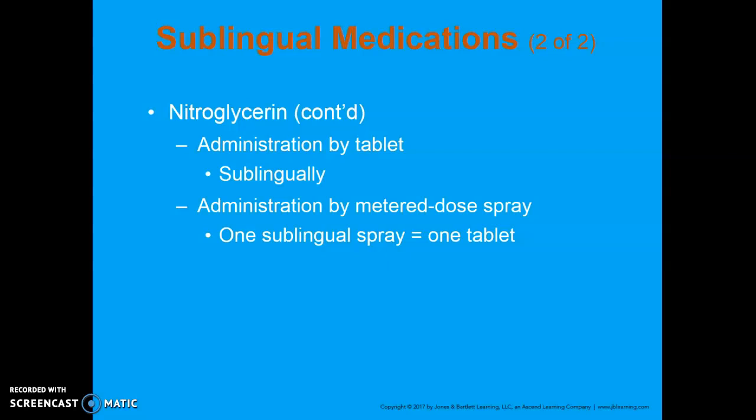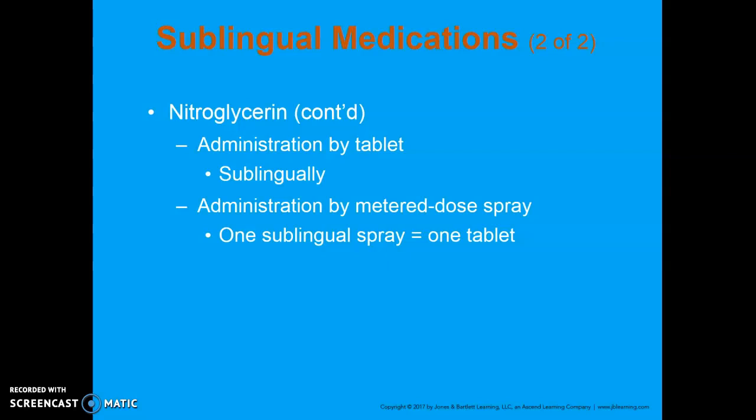If you use the spray, one spray has the same amount of medication in it as one tablet. Typically you're going to give one or the other, but the patient often has the tablet. So if you give them one of their tablets to begin with and then switch over to using your spray, know that one tablet equals one spray of the medication.